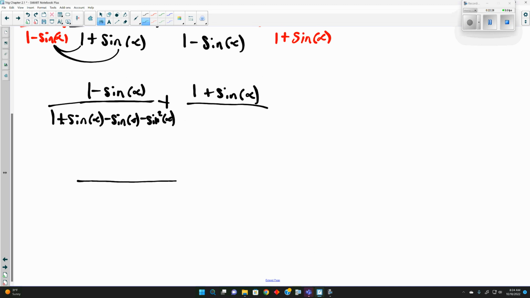Now for us here, the middle terms are going to cancel, yes? Which just leaves us with 1 minus sine squared of alpha.